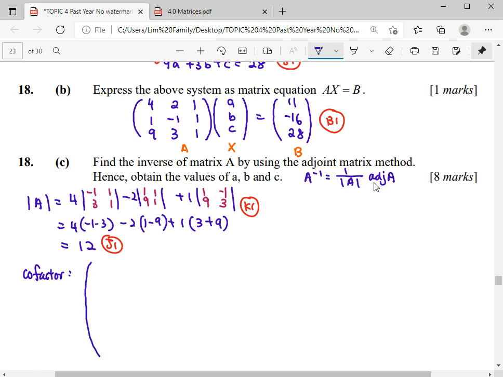Because adjoint is equal to cofactor transpose. So cofactor is plus or minus our minor for every position.